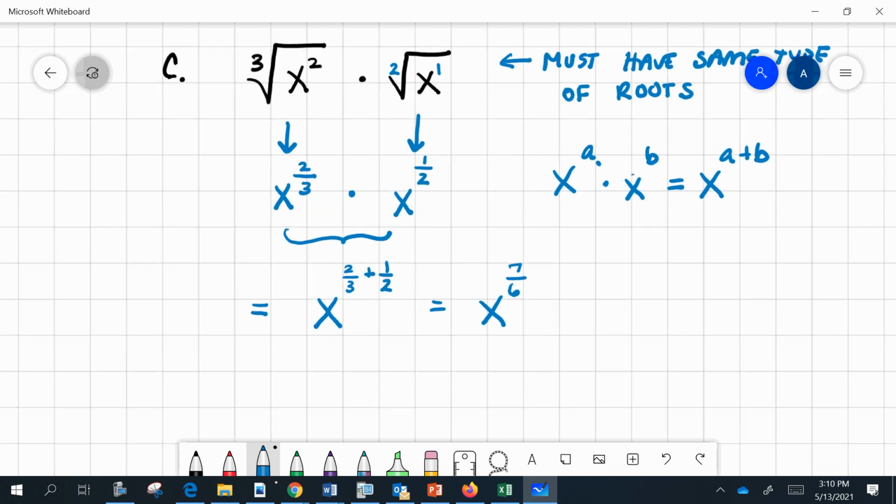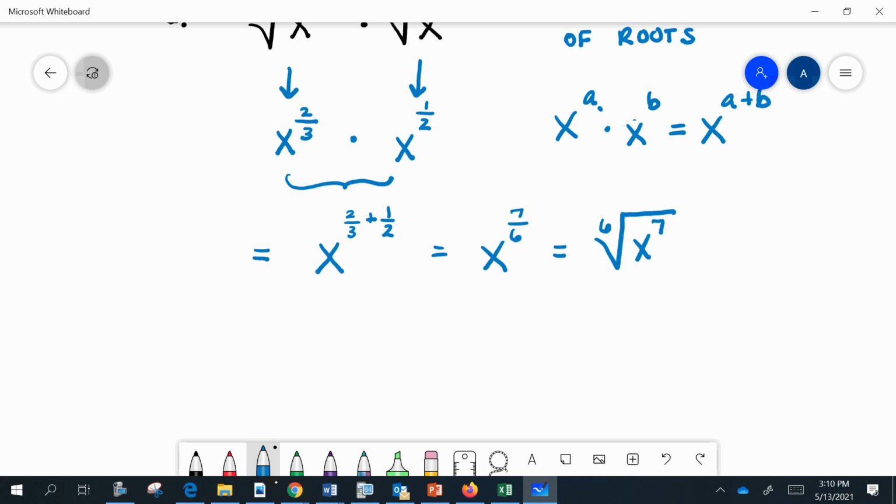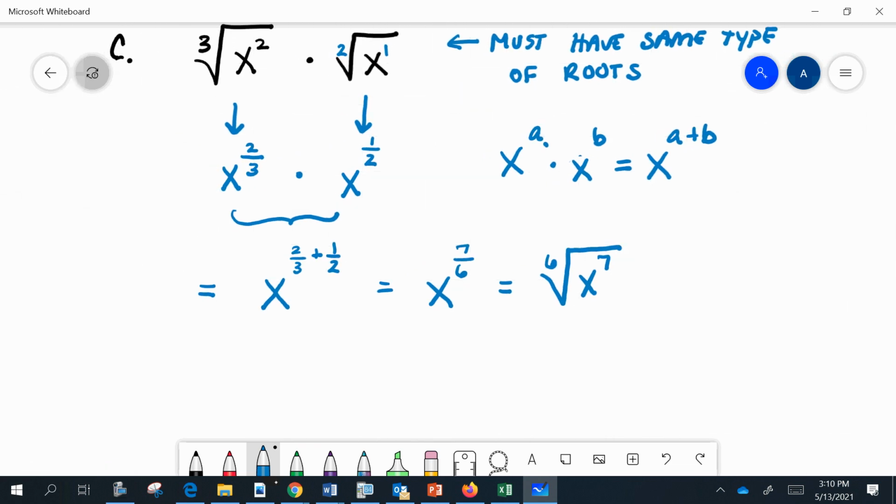Now, the general rule is if the problem starts in radical form, then we're going to give this answer in radical form. And the way we convert this back is this becomes the 6th root of x to the 7th power. Okay? One little last simplifying thing. 6 goes into 7. We have more x's in here.